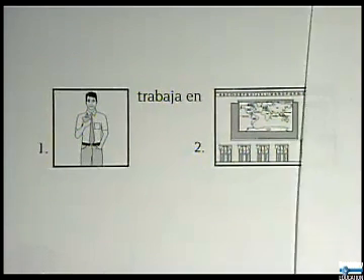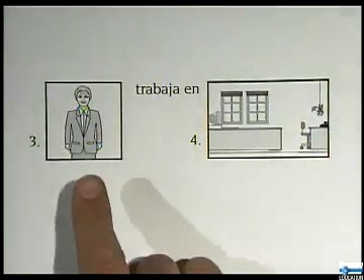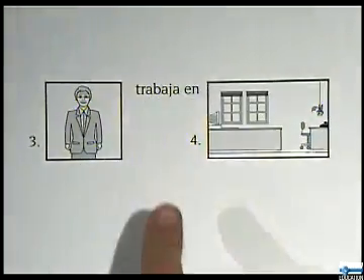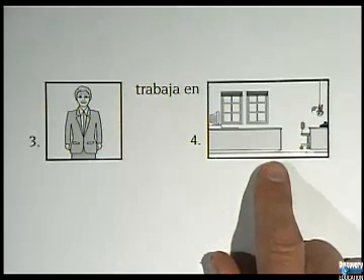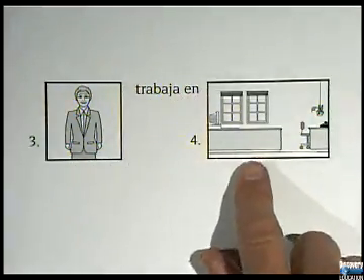Okay, let's go ahead and continue now with numbers 3 and 4. Number 3 trabaja en number 4.